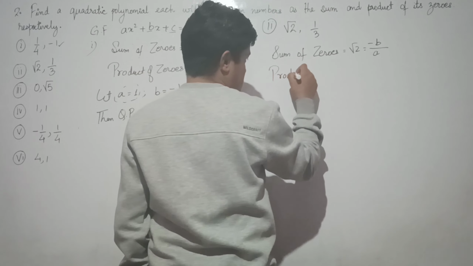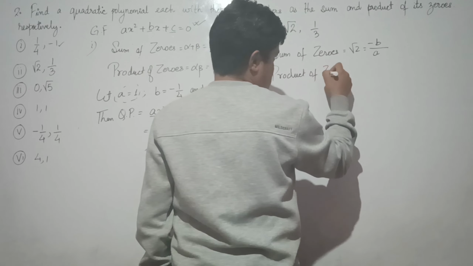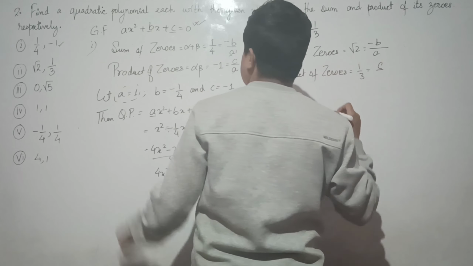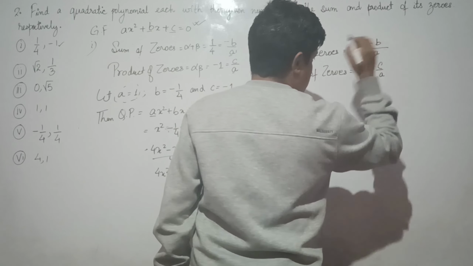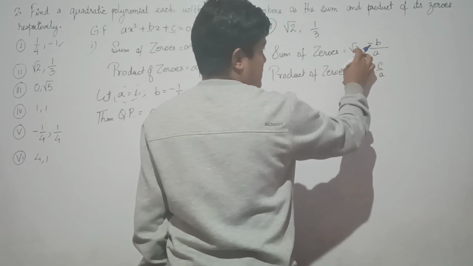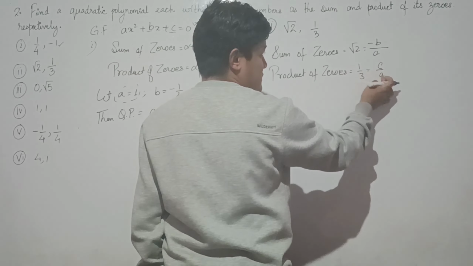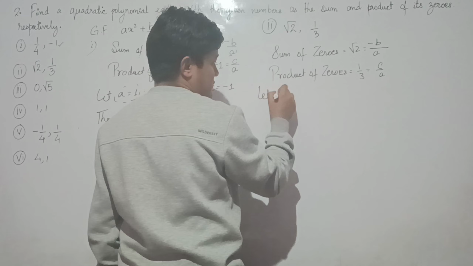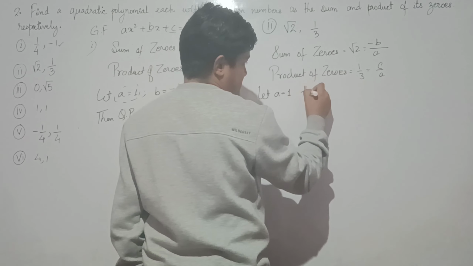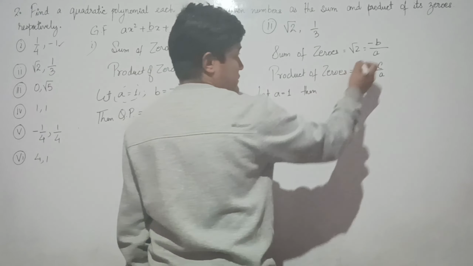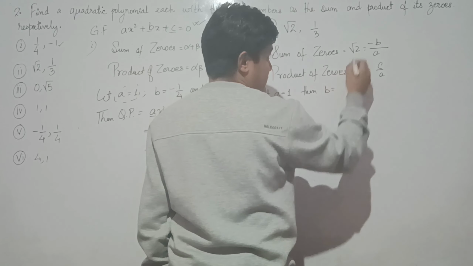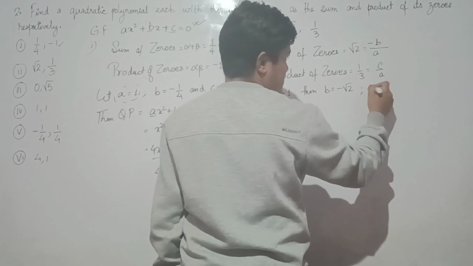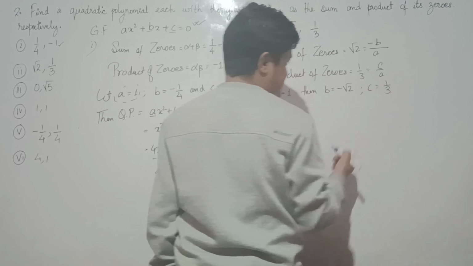Product of zeros equals to 1 by 3, constant term by coefficient of x square, a. Again in this term, a has nothing, so a is 3 below. Let again a equals to 1, then b is directly minus root over 2, because minus goes to the other side, and c will be directly 1 by 3.